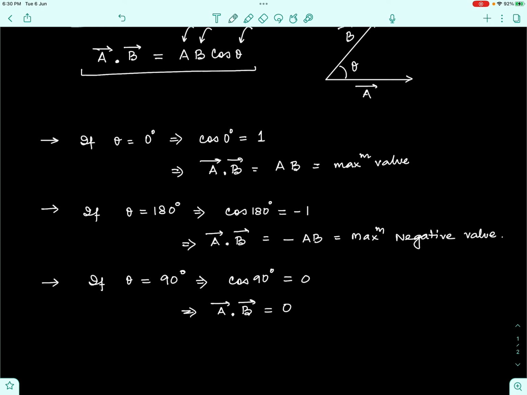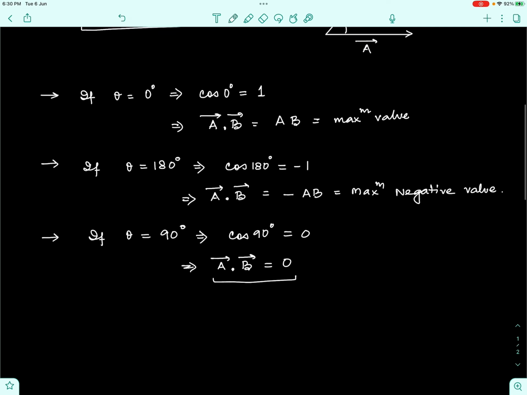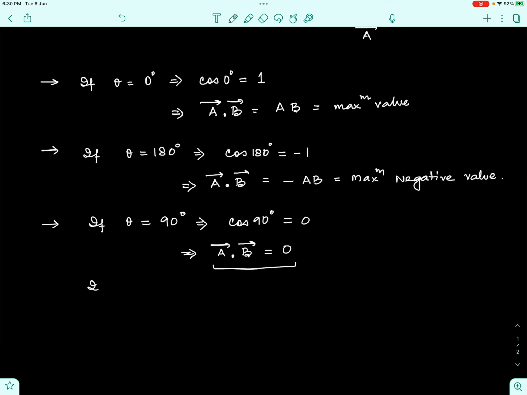In fact, we use this special condition to check whether two vectors are perpendicular to each other or not. So, we say that if the dot product of two vectors comes out to be 0, this means that the vectors A and B are perpendicular to each other. Vector A is perpendicular to vector B. This is a special result that we use to find out the condition of perpendicularity, the two vectors being normal to each other, perpendicular to each other.